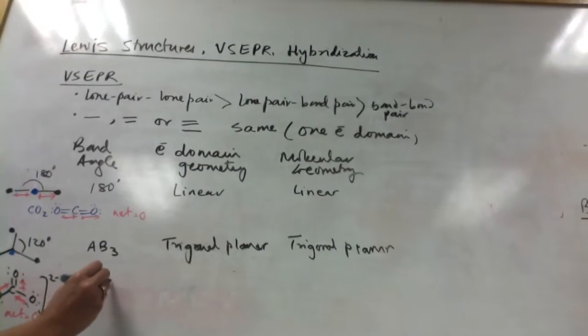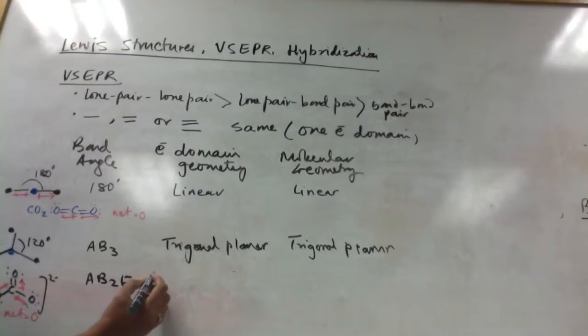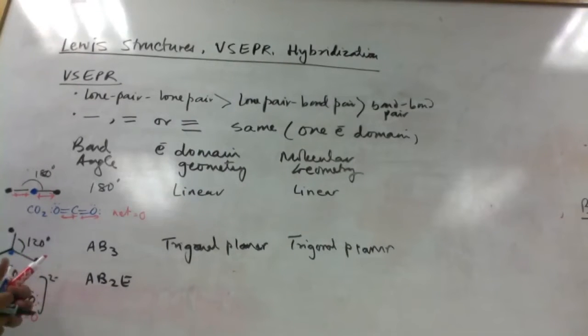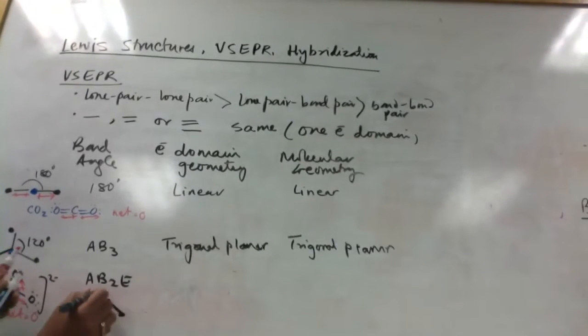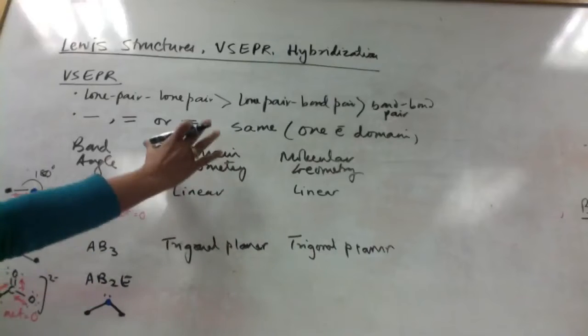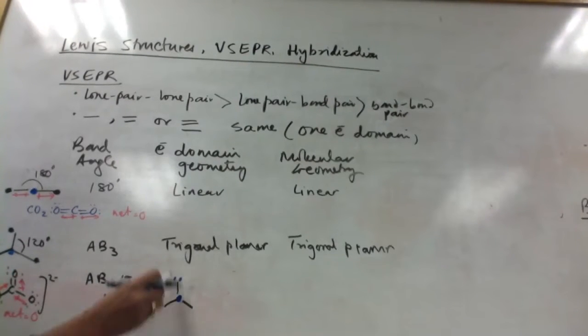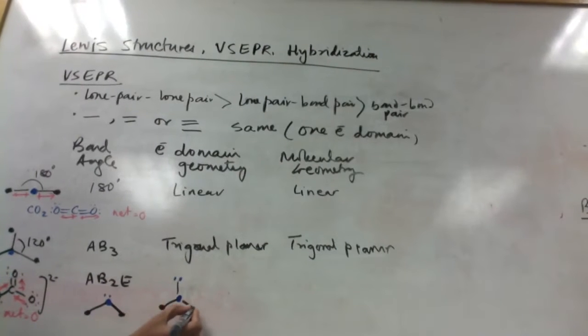You can also have AB2E molecule. AB2E is one of these become a lone pair. In that case, what happens is you have central atom and you have two side atoms, but the third one has become a lone pair on the central atom. It is not through a bond. So when we talk about electron domain geometry, in that case, we do treat this lone pair like a bond. If the lone pair were to be present like a bond around the central atom, what would that geometry look like?